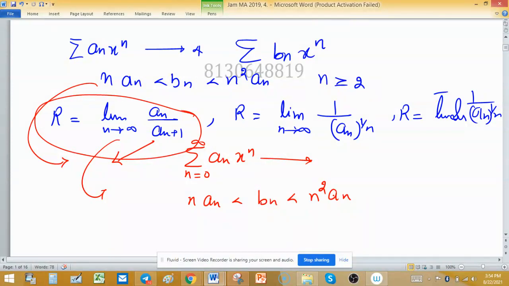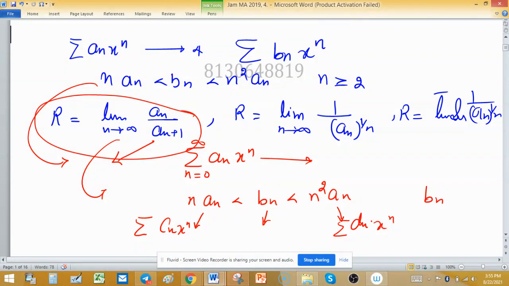So what is the concept to solve this problem? We have to find the radius of convergence of the series in which the coefficient is b_n, and b_n is the middle term. So if anyhow we consider these as the coefficients of other series, suppose d_n and c_n, then summation c_n x^n will be another series, and summation d_n x^n will be another series.